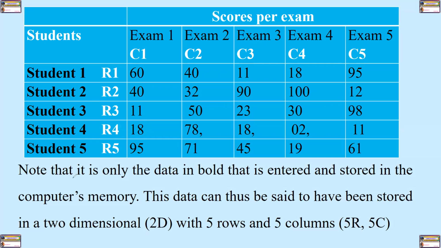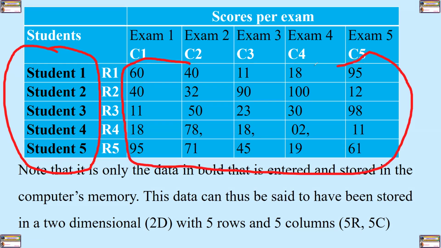I'm saying, know that it is only the data in bold that is entered and stored. Now, in this case, what is in bold are these names. So if we were to store only these names, this would be an array, but a different array. It will not be an array of integers. Our interest is these elements here.